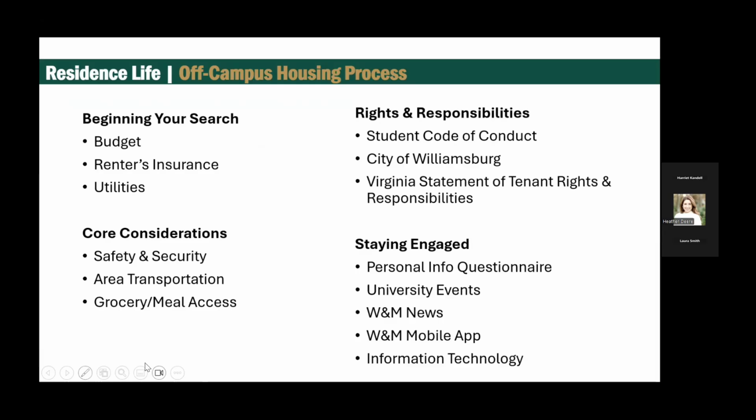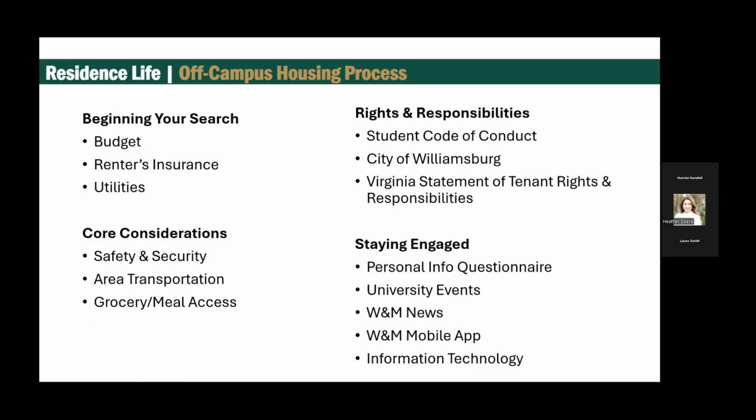Also make sure that you read our housing contract, including the cancellation process, because I know that some students, when they're a rising junior or senior, sign the housing contract and then think about living off campus. So make sure that you're canceling that housing contract prior to the deadlines, because once our deadlines pass, you're locked in for on-campus housing with that housing contract. Be really aware of your rights and responsibilities for anything that you sign.